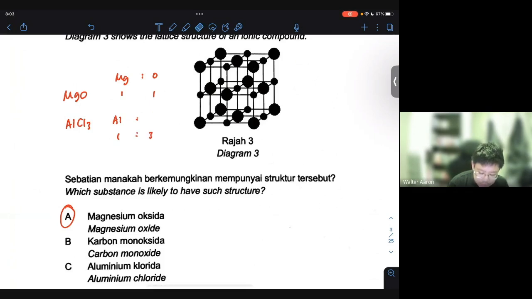If we take a look at the picture, you will notice that the number of atoms of the smaller one and the bigger one is about 1:1 ratio as well. If not, it would be 1:3, meaning you would likely see more of the smaller atom in the picture, but you don't see that. It's all just 1:1 ratio. So this is more likely to be magnesium oxide compared to aluminum chloride. That's my reasonable deduction to show you what I'm trying to say.